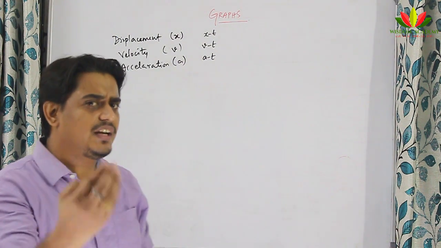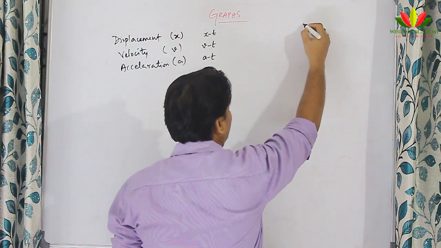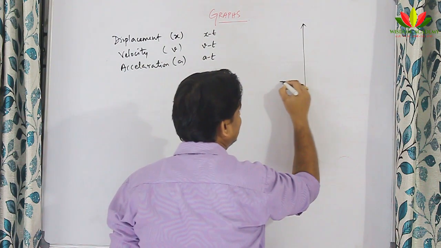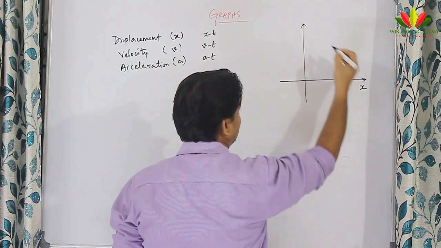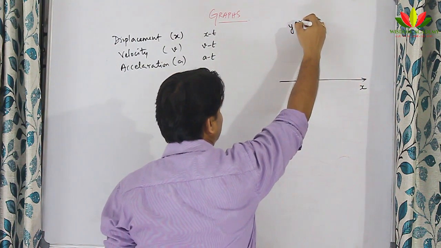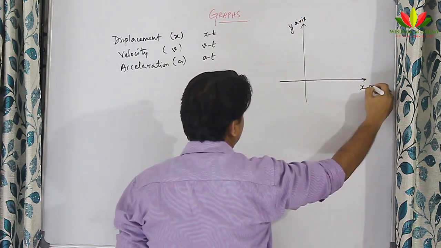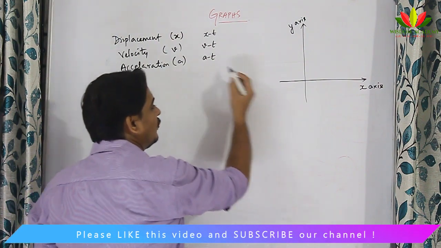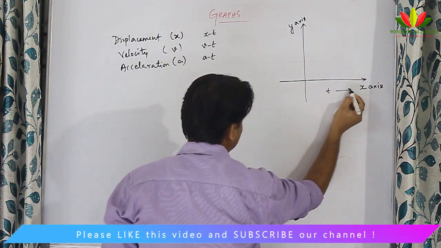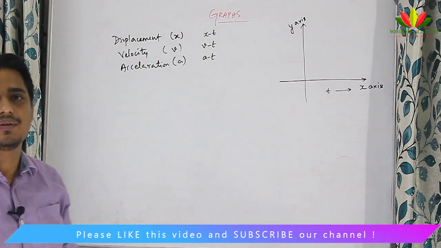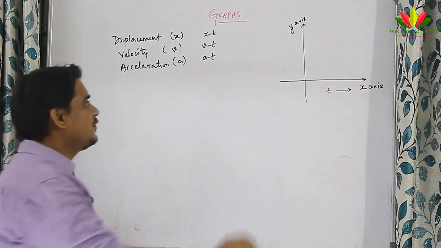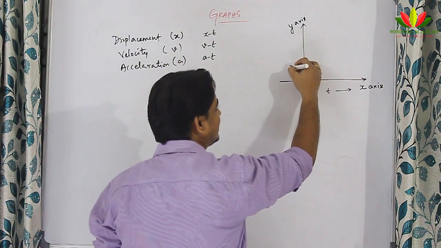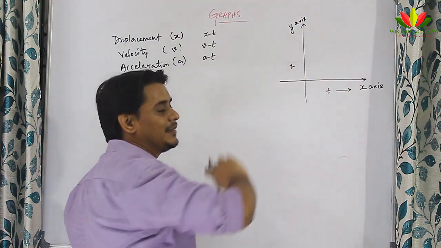Okay. So I have studied in maths that a graph is drawn on the x-axis and y-axis. This is known as x-axis. This is known as y-axis. I hope you are aware about this. So always remember, time will lie on the x-axis. If displacement lies on y-axis, it is called a displacement time graph.